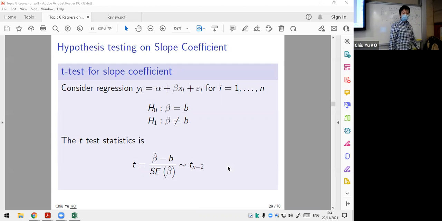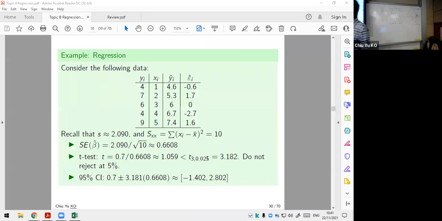And how you convert to the t is what you observe over the standard error, and the standard error we calculated is 0.6608. So this 0.7 over 0.608, what you get is 1.059.